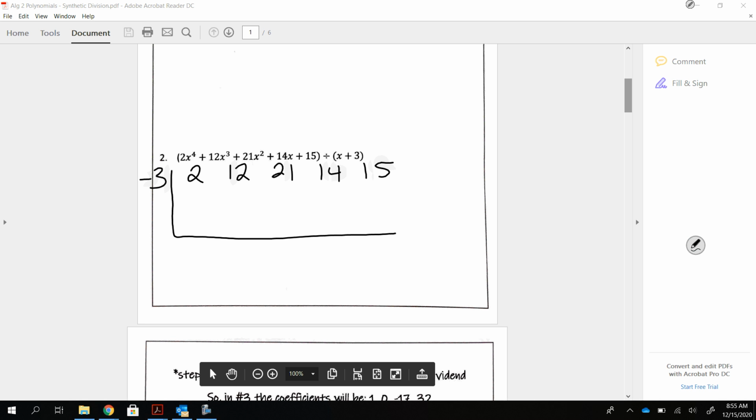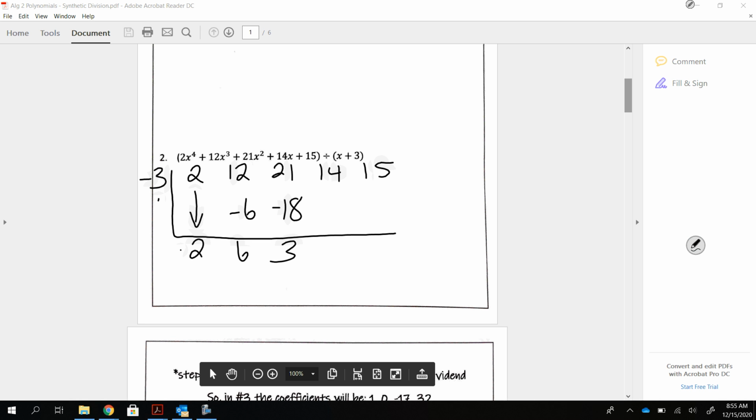Okay? Then we drop the first coefficient down here, 2, and then from here we're multiplying the outside and putting them on the bottom row and adding them. So negative 3 times 2 is negative 6. 12 minus 6 is 6. Negative 3 times 6 is negative 18. 21 minus 18 is 3.